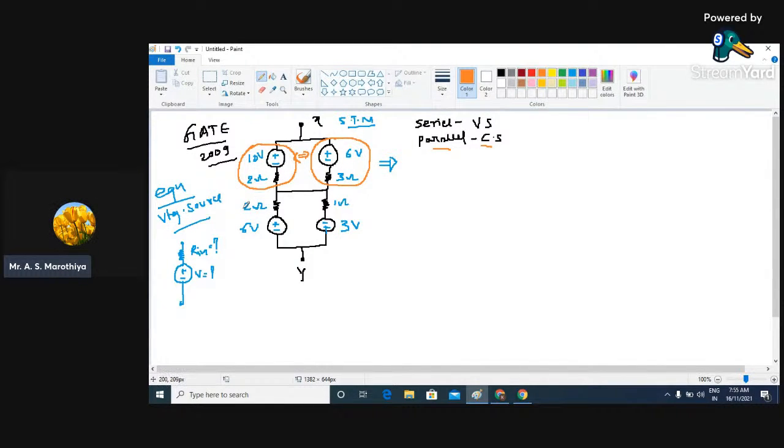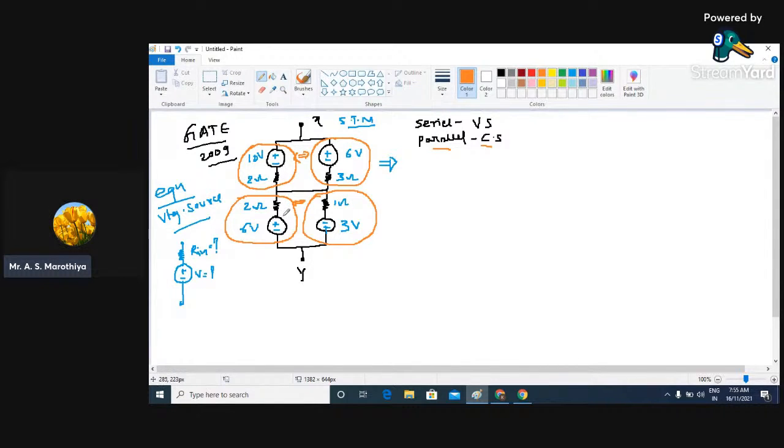In the same way, look at here, this is nothing but a kind of practical voltage source. This is ideal voltage source in series with its internal resistance. In the same way, this is going to be another practical voltage source, and both are connected in parallel configuration.